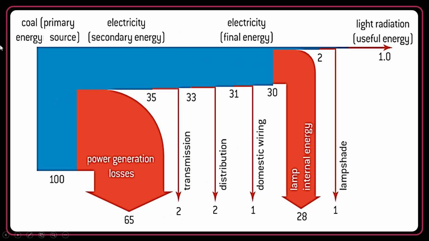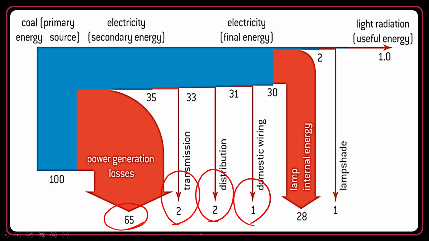Look at this sample. Coal energy is the primary source for this Sankey diagram. Let's say it's 100% or 100 joules of energy, or if you want, it's 100 watts. This is the blue, then the maximum width in this Sankey diagram. So we have downward arrows indicating energy loss or degraded energy in these different forms: transmission, distribution, domestic wiring, and so forth.